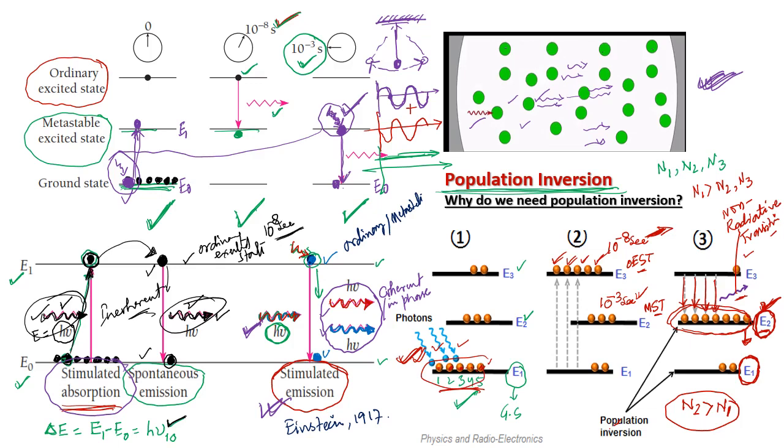Then these atoms decay spontaneously from the excited state to the metastable state through non-radiative transitions. So we populate the metastable state by the pathway involving optical pumping and non-radiative relaxation, and we can achieve population inversion.